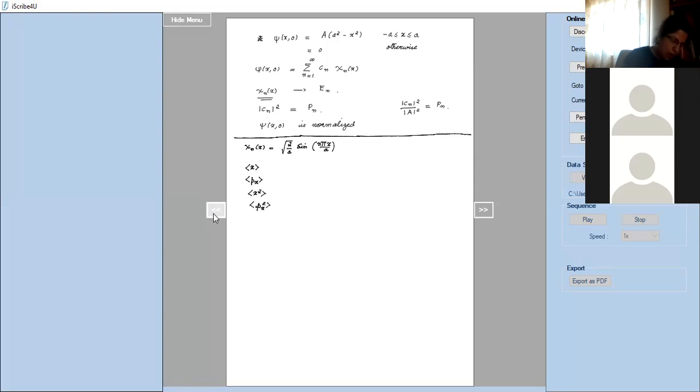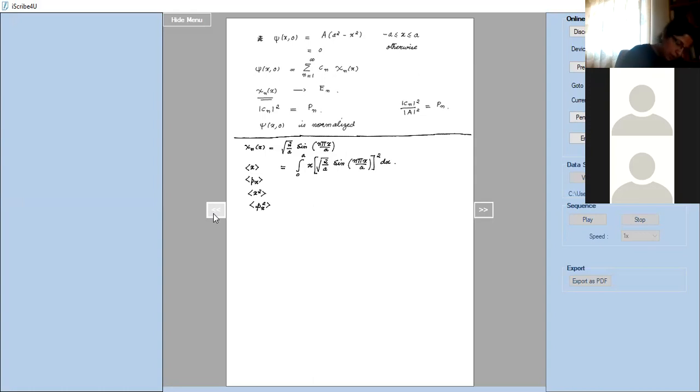Now of course how will we do x? We are essentially going to do from 0 to a, x times root of 2 by a sine n pi x by a, whole square dx. Does everybody get how this happens?